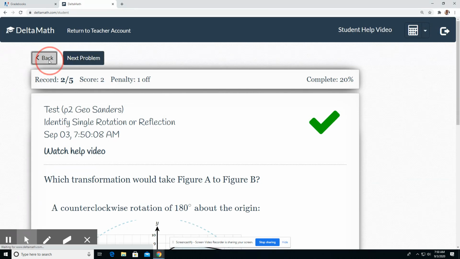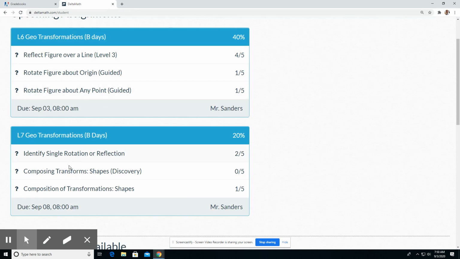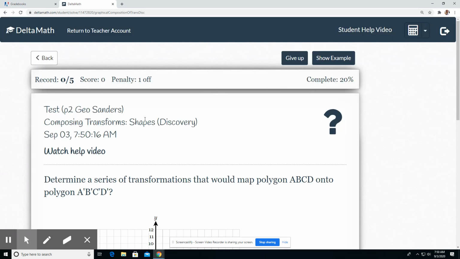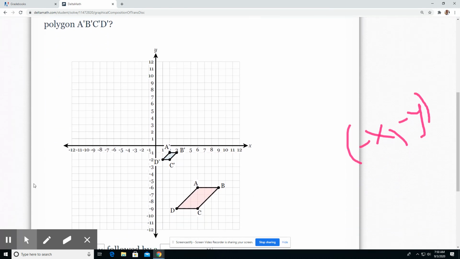Okay. Let's try the next problem set, composing transforms. It's a shapes discovery, okay? Composing meaning more than one transformation, and we're dealing with a shape this time. Let's go ahead and get the old work out of the way.